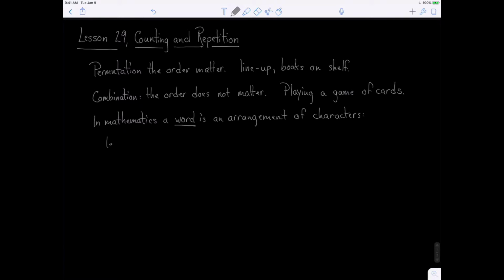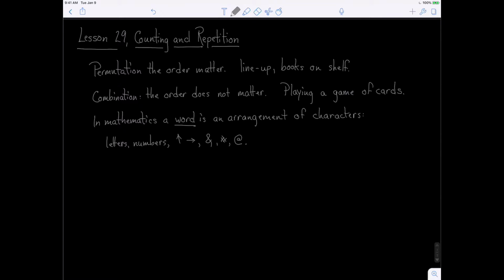These could be letters, numbers, could be arrows. It could be even like typesetting symbols and like the ampersand or the pound sign or an exclamation mark or an at sign. So when we talk about a word, we're just talking about an arrangement of characters, and it may not even be something that you'd find in the dictionary.